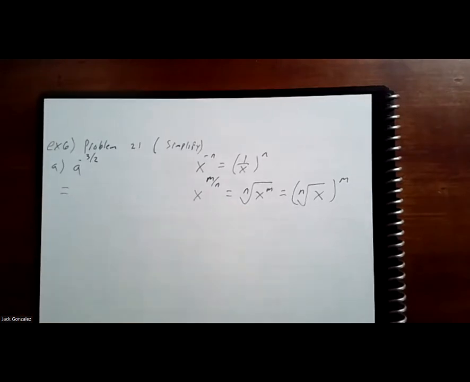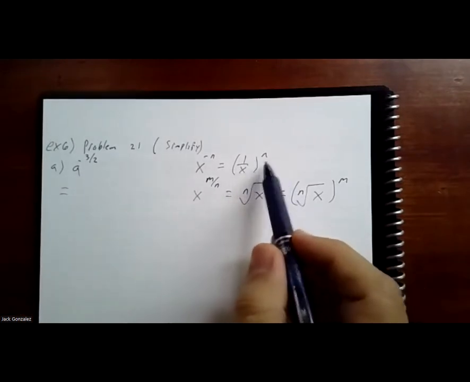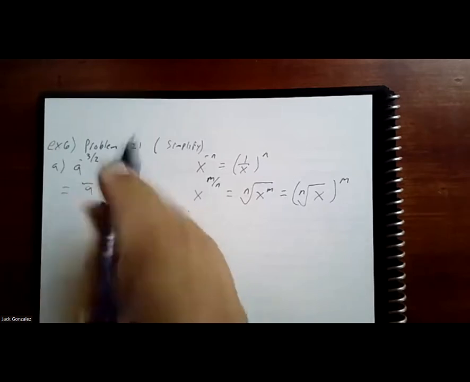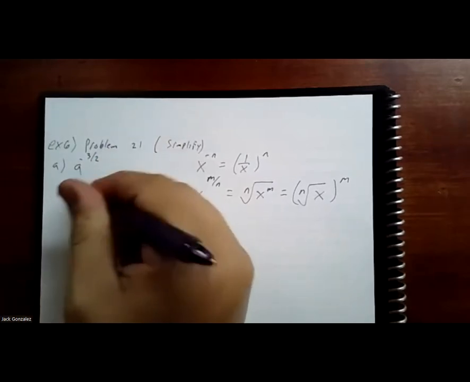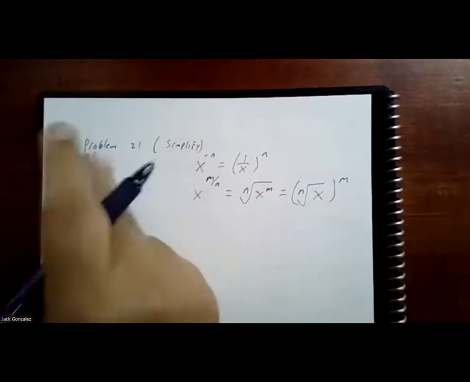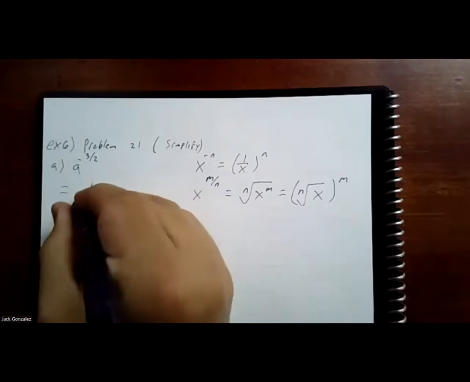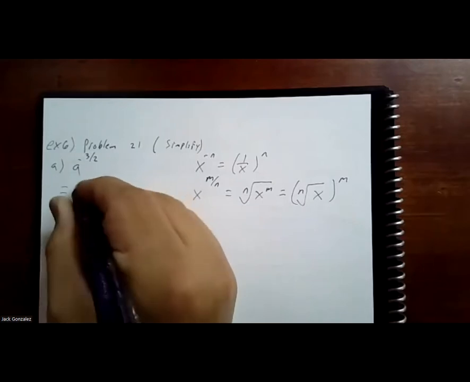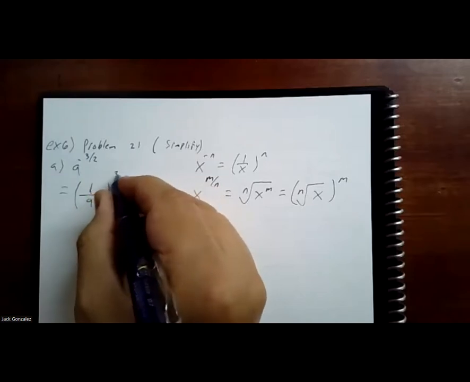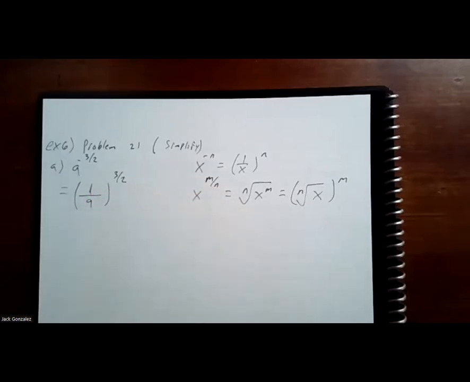Okay. So let's go ahead and use this first. So that'll be, actually, let me write that better. So if I change it to a fraction, this becomes a positive power.